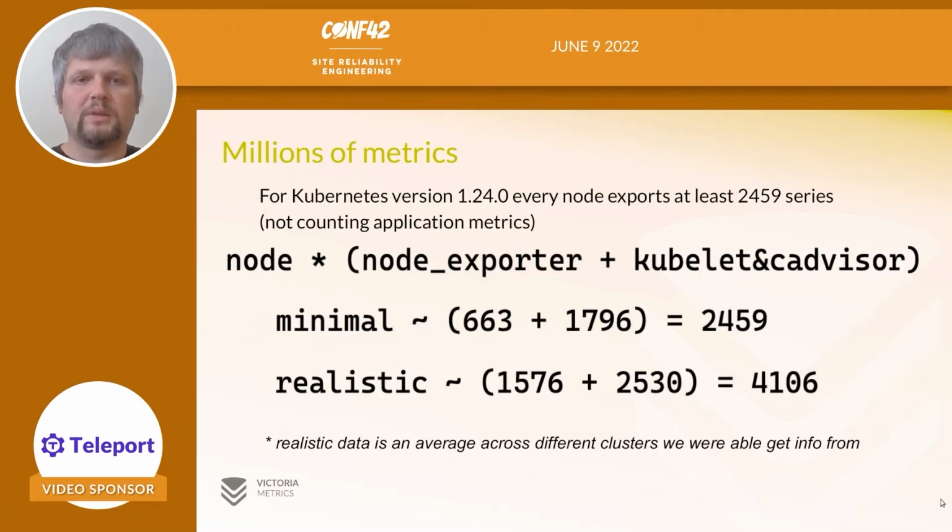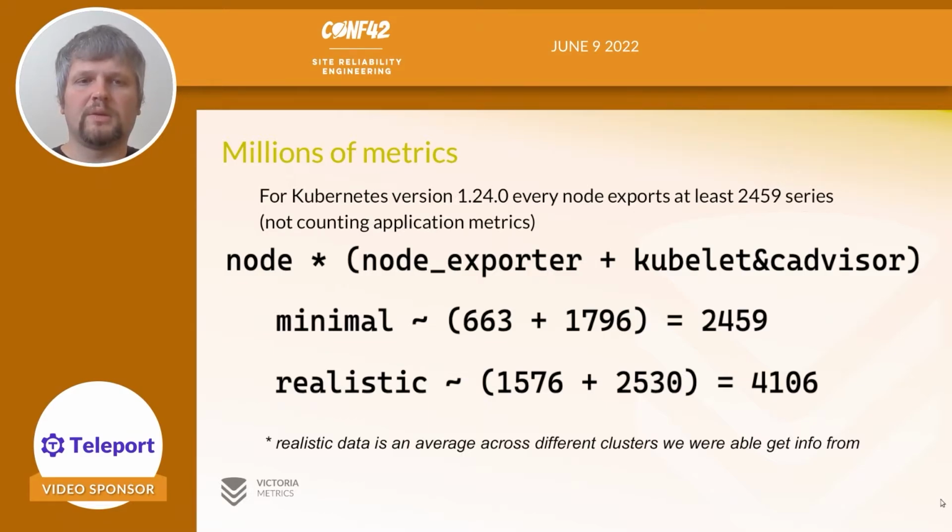Every Kubernetes node exports at least 2,500 series, and this doesn't count the number of application metrics. These metrics include node exporter metrics, kubelet, and cAdvisor metrics.